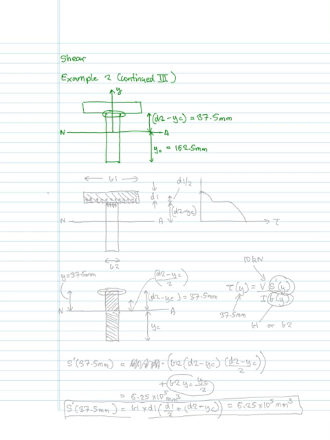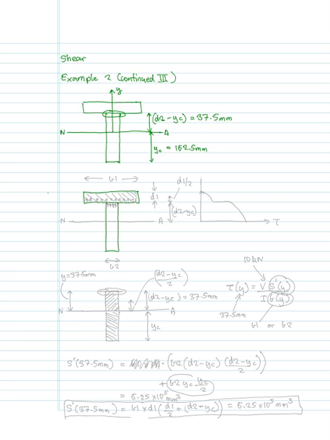As before, we've got our section. We'll draw our section out here again, and then 3, 4, 5.